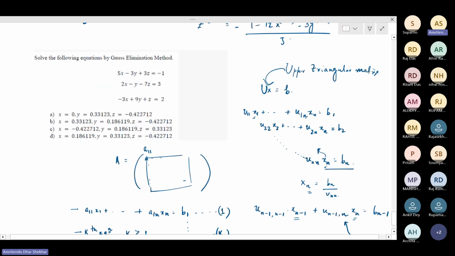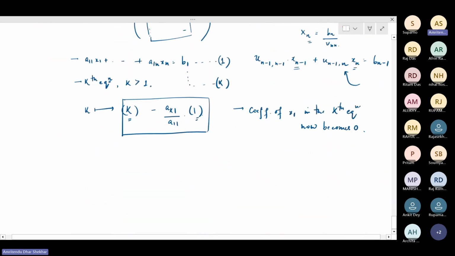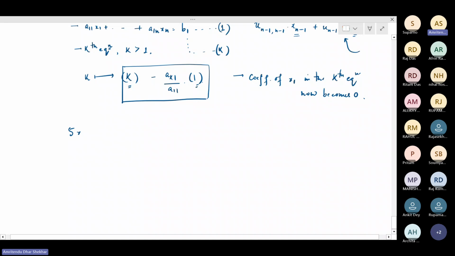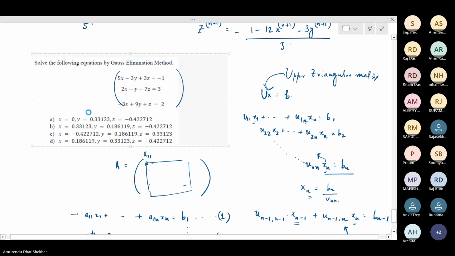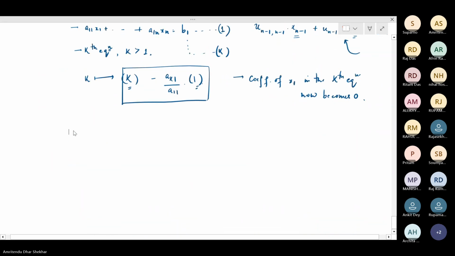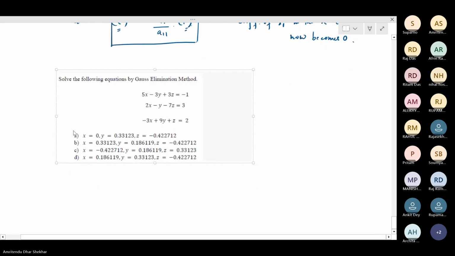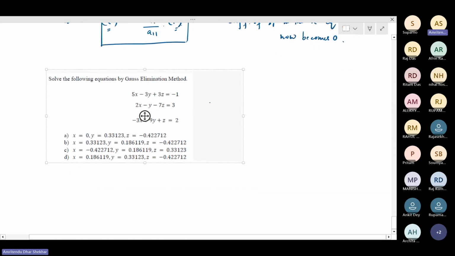Okay, so let's solve this here. This will be very easy to do. So if you write this system of equations, you can write the coefficient matrix this way: 5, minus 3, 3; 2, minus 1, minus 7; minus 3, 9, 1.